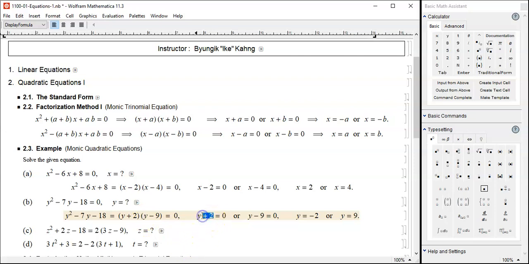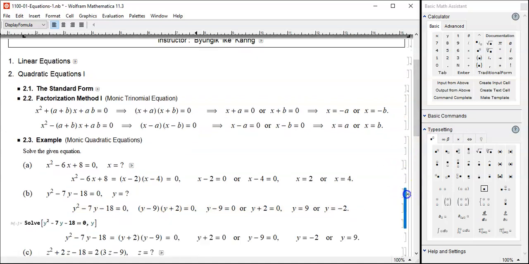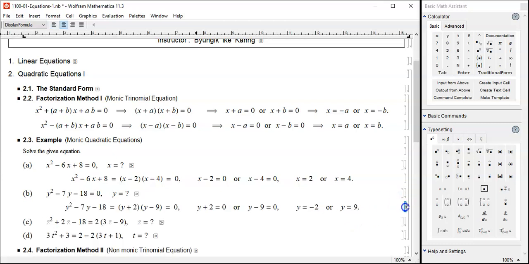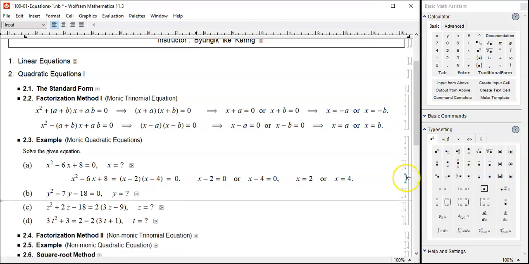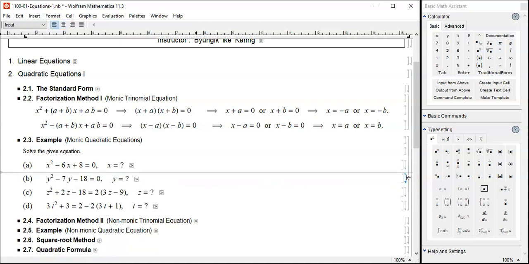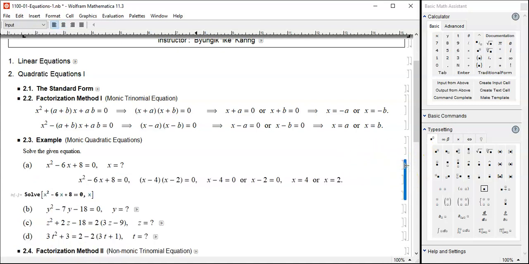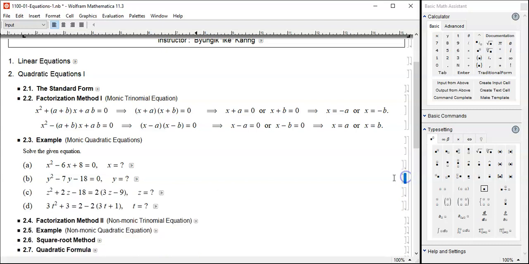If you have y plus 2, we have y equals -2. y minus 9, then y equals +9. By the way, here's the answer key, exactly the same, so these are not really worthy of our time. They're all here.